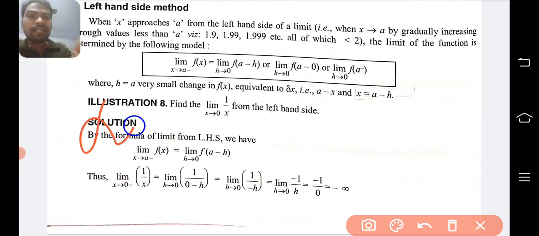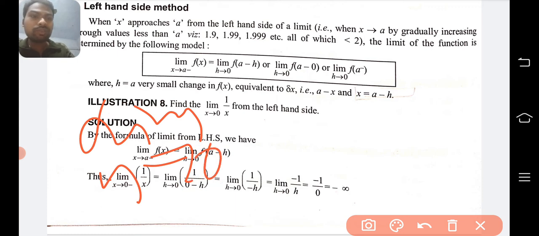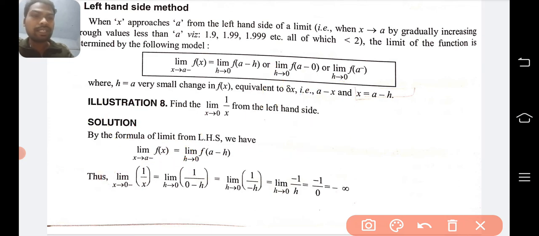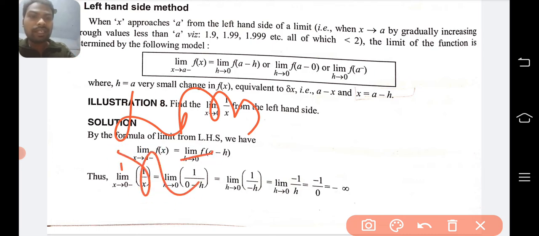You will get the limit h tends to 0, and then you put the value 0 in place of h right now. We will get 1 divided by minus h, because the limit x tends to 0 to the power minus is given.